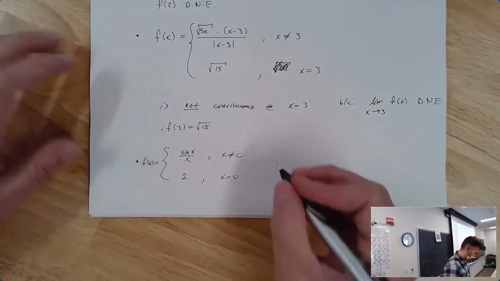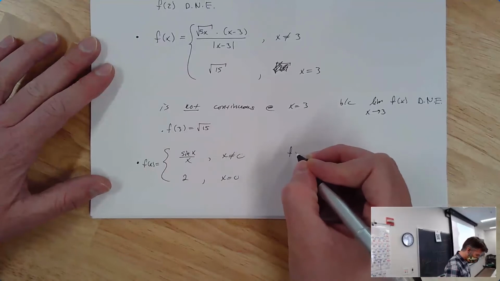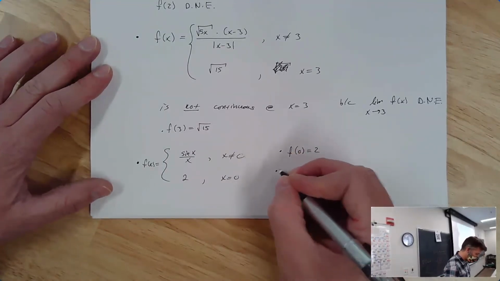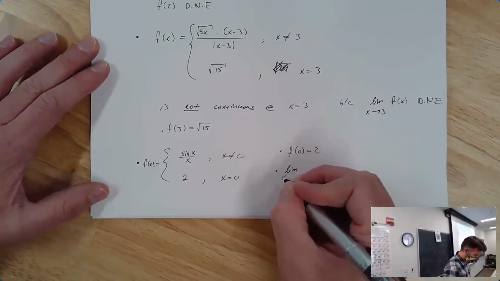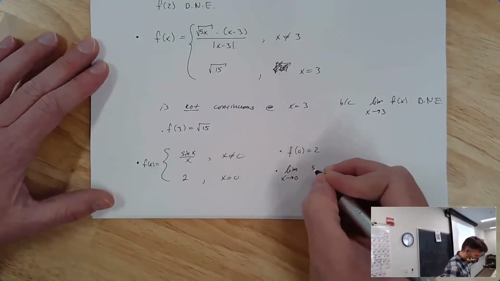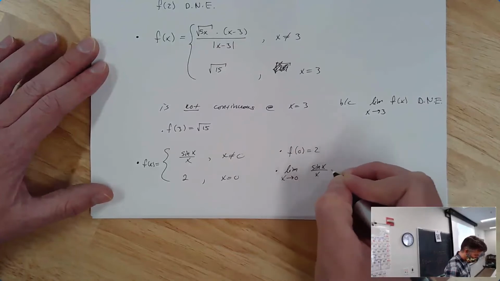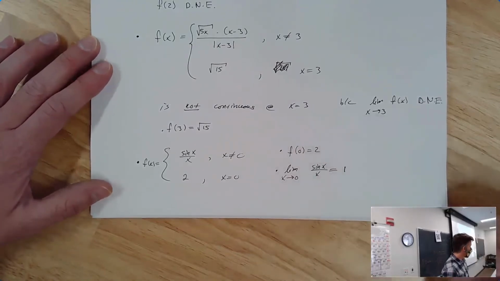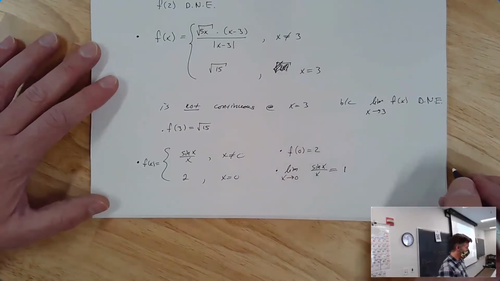So the function exists. f of 0 is definitely 2. The limit also exists, and we'll talk about this next class. The limit as x goes to 0 of sine of x over x is 1. There's a very nice geometric proof of this.